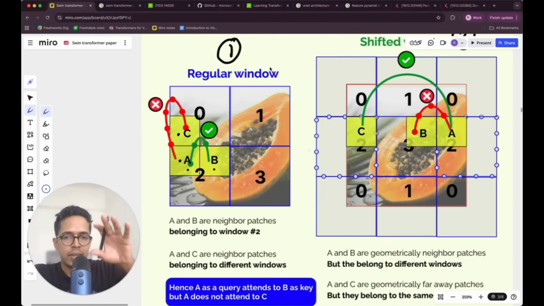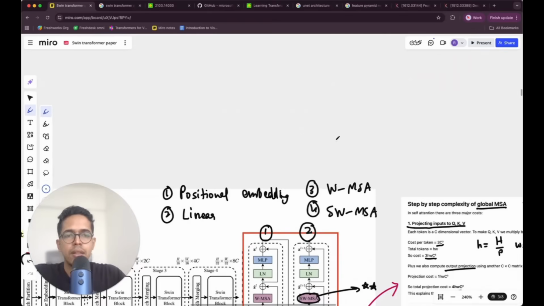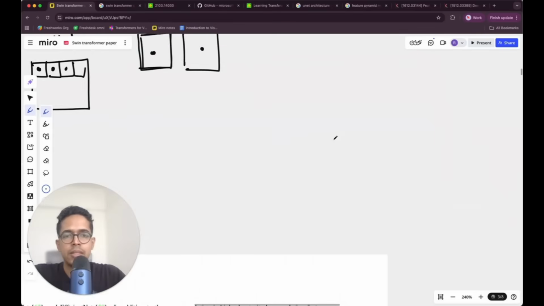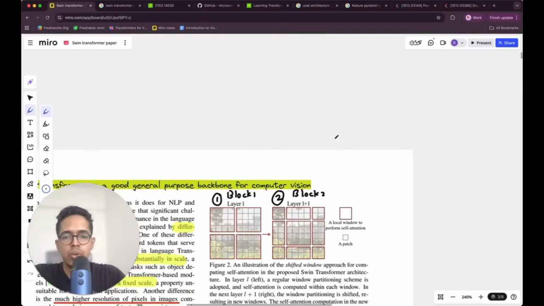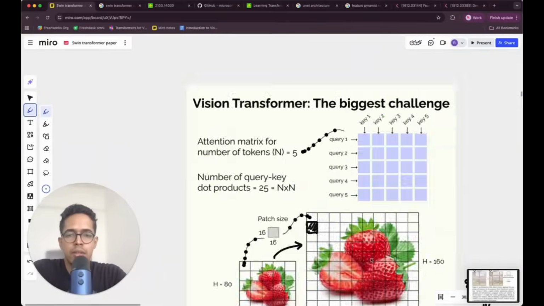Now, once we move to the shifted window, what happens? In shifted window, they have shown a figure which looks something like this, right? So let me just take a screenshot of this figure 2, and I'll bring it to the place where I have my figure.